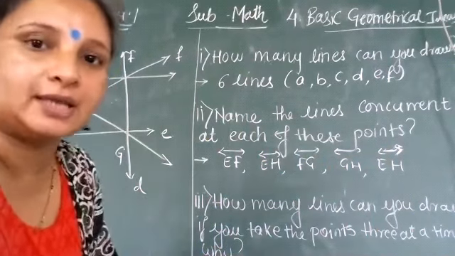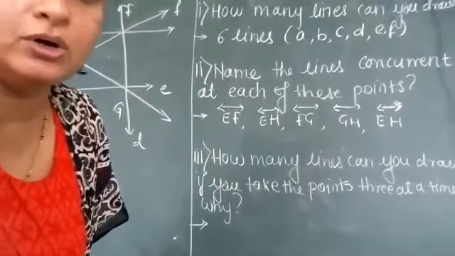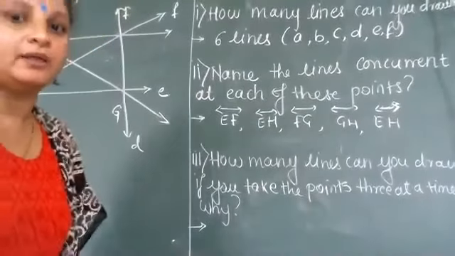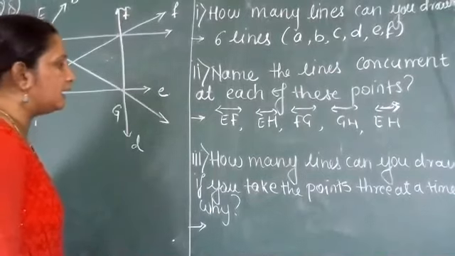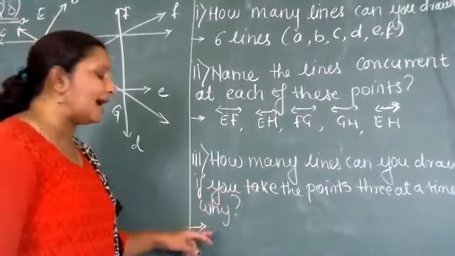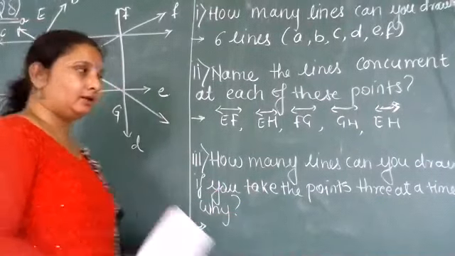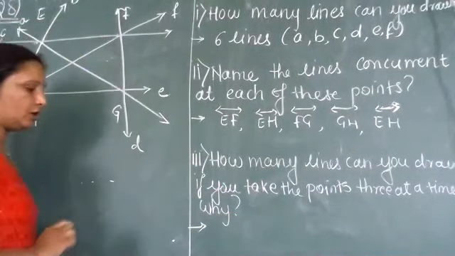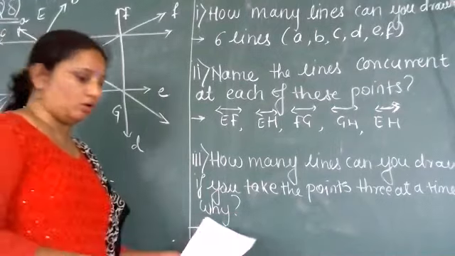Okay. Now same way they have asked the next question, that is, how many lines can you draw if you take the points 3 at a time? If I take 3 at a time, that is 1, 2, 3, then how many lines? I cannot draw any line.